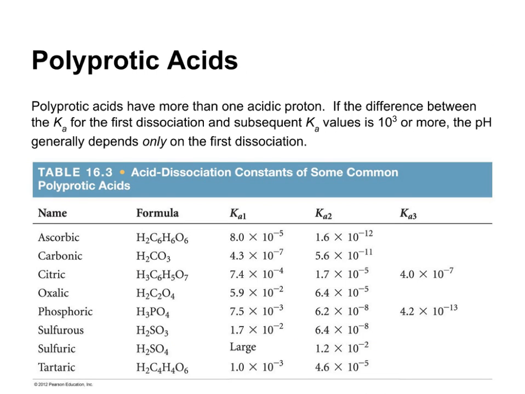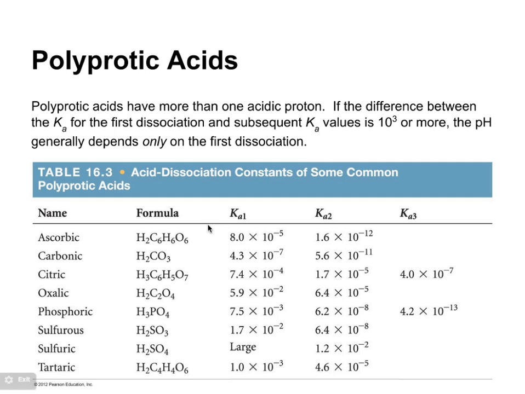So what we've done so far is just work with monoprotic acids. Monoprotic means one proton, one hydrogen ion. There are also polyprotic acids. They have more than one proton. If the difference between the Ka for the first dissociation, the removal of that first hydrogen ion, and the subsequent Kas is 10 to the third or more, the pH generally depends only on the first dissociation.